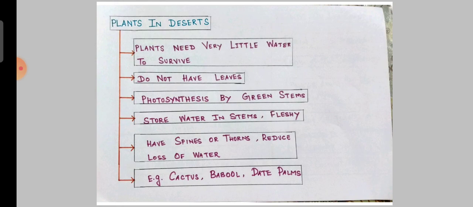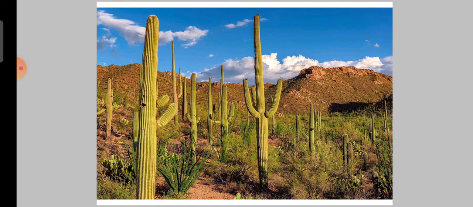Why? Because they do not have leaves. They store water in stems which makes them fleshy, and have spines or thorns which reduce loss of water. Examples: cactus, bamboo and date palms. See, this is an image of a cactus.